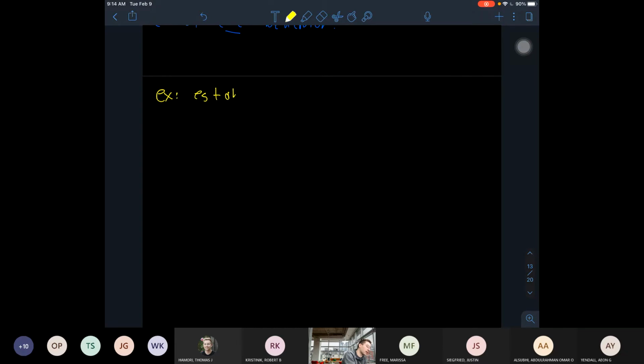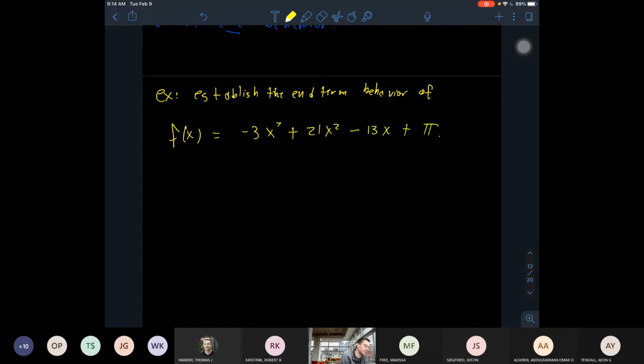A question might ask something like, establish the end term behavior of f of x equals negative 3x to the 7th plus 21x squared minus 13x plus pi.